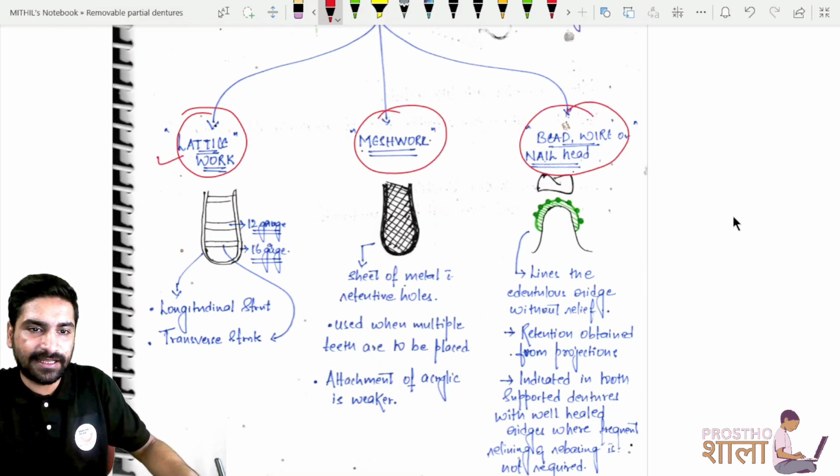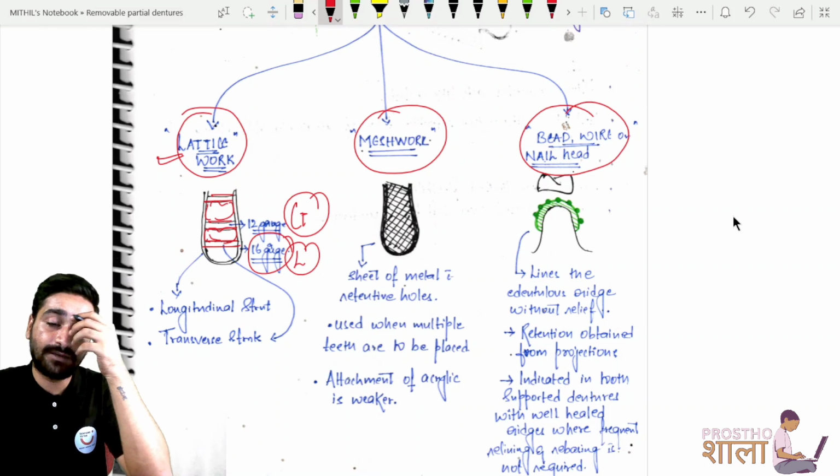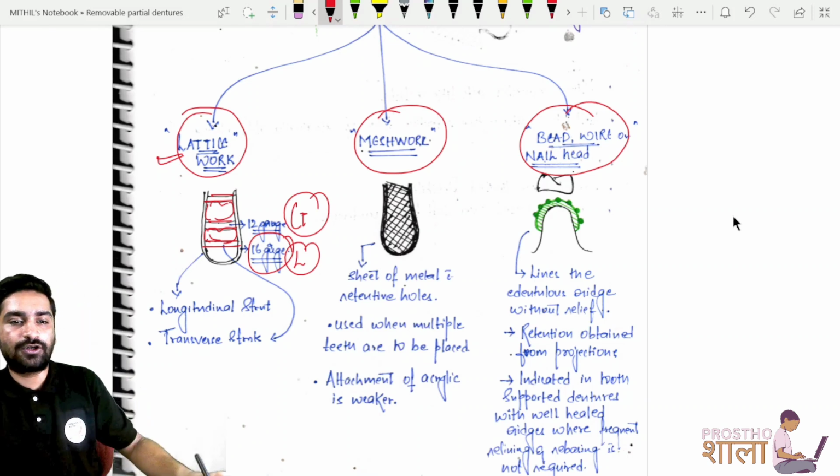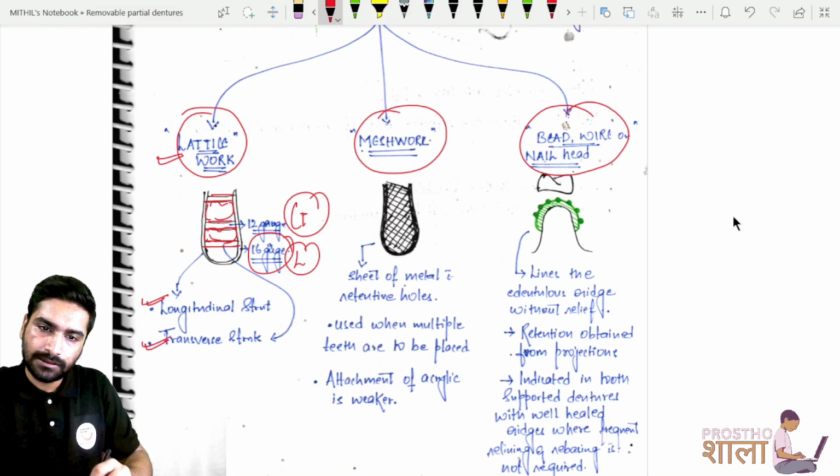First is your lattice, where you have longitudinal and transverse extensions. The longitudinal is 16 gauge and the transverse one is 12 gauge thickness. For every tooth you keep one space in between, right? So there are two struts, they are called struts, longitudinal and transverse struts.